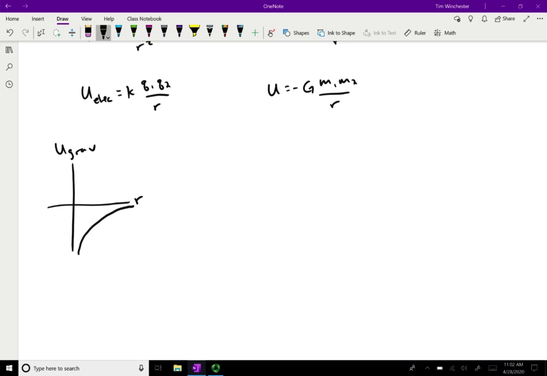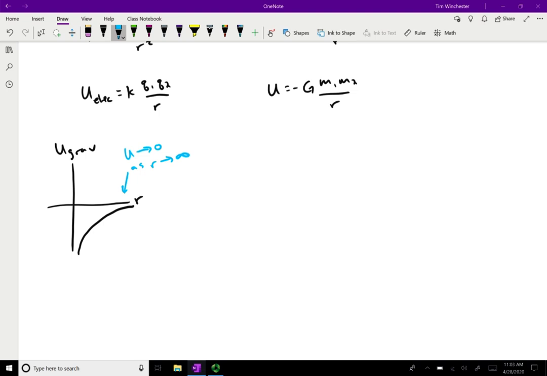Some of the important features here are that, first of all, the energy goes to 0 as r goes to infinity. So when two objects are very far away, the energy between them is 0, and we can essentially ignore faraway objects, which is a nice feature.